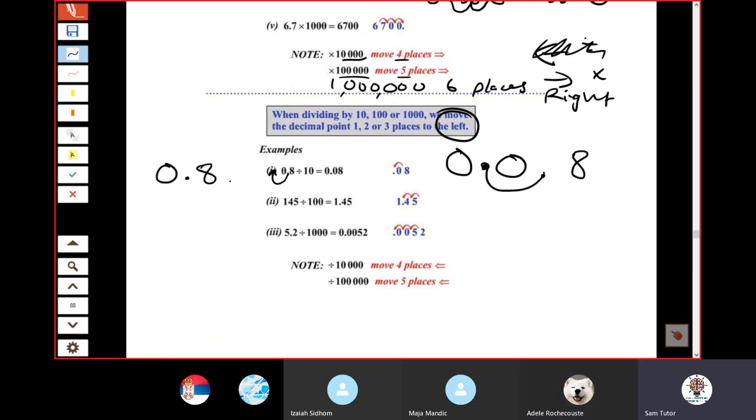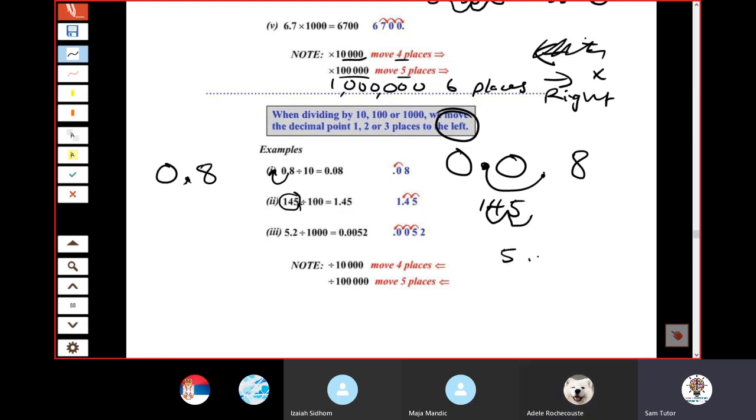The only thing I've got to emphasize here, which might be a little bit different for you guys: before we were starting at the end, but don't forget this actually is a decimal, not a whole number. So you start at the decimal. Be careful. Unless there are no decimals, like in this case, then you start at the end. So start at the end, go back twice, 1, 2, the answer becomes 1.45.